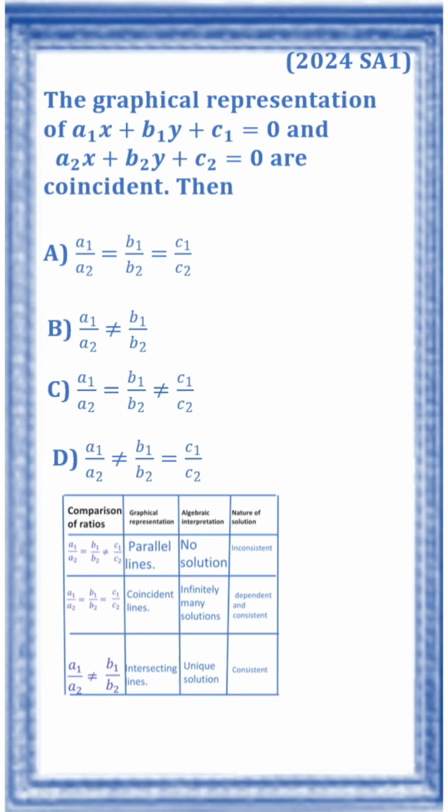Coincident: A1 by A2 is equal to B1 by B2 is equal to C1 by C2. Option A is correct. Many questions may appear on this subject, so please be careful in learning. Okay, one more question may also appear from this section. We shall move on to the next question.